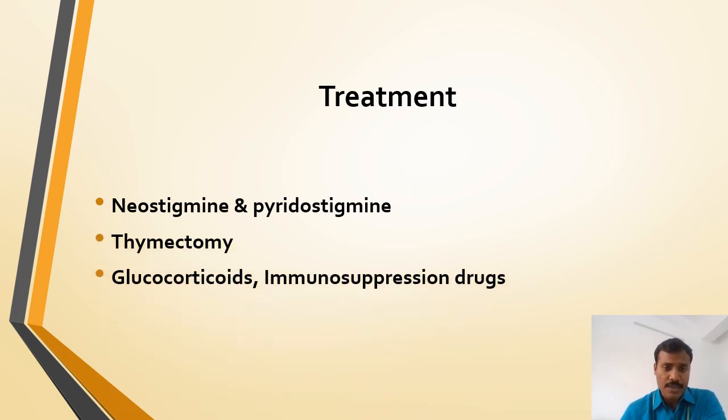Thymectomy: antibodies are produced in the thymus, and thymectomy can decrease the production of autoantibodies. Steroids and immunosuppressive drugs are given, and plasmapheresis to remove the autoantibodies. These are all the treatments for myasthenia gravis.